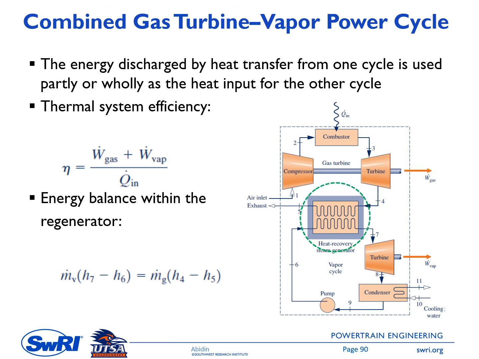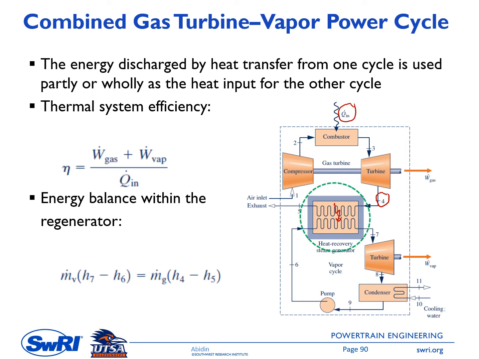On the top cycle, let's say we have a gas power system here. We have a compressor, and then we have a combustor here. So we have Q in entering the system, and then we have the turbine, and at the exit of the turbine, it is state number 4. The gas temperature is still high, and the energy inside this working fluid is transferred to the other working fluid.